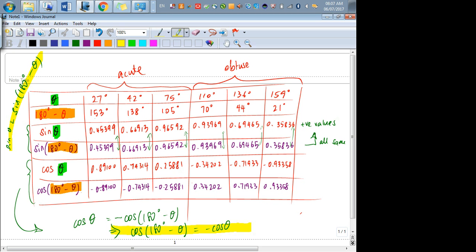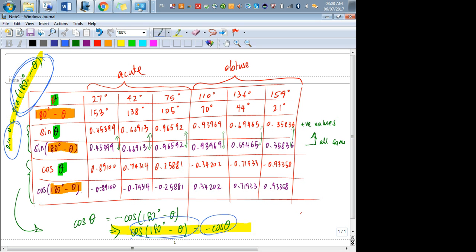Sine 180 degrees minus theta is equal to sine theta. Also, cosine 180 degrees minus theta is equal to negative cosine theta. Okay?